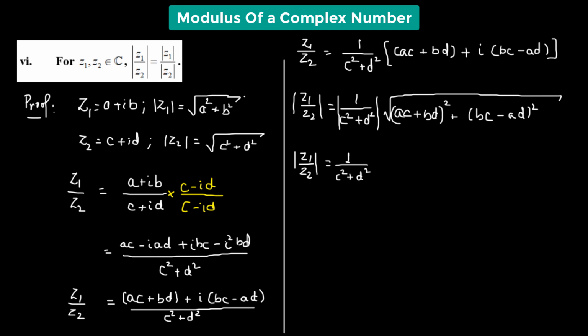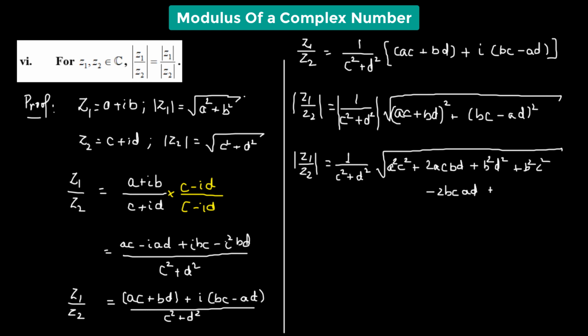Now we work out the value inside the square root. That gives us a squared c squared plus 2acbd plus b squared d squared plus b squared c squared minus 2bcad plus a squared d squared.